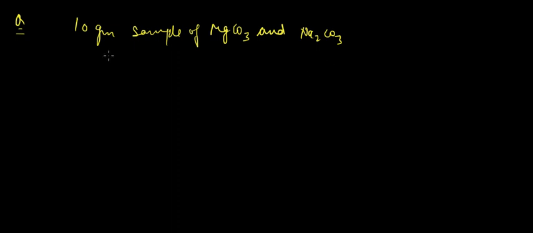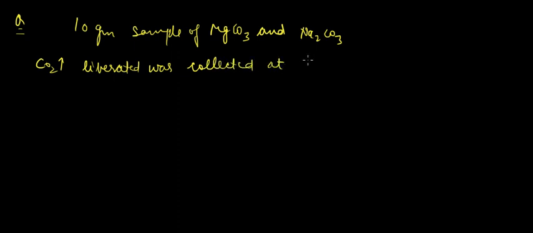So CO2 gas liberated was collected at pressure equals 1 atm and temperature equals 300 Kelvin, and the volume occupied by the gas was 2.463 liter.